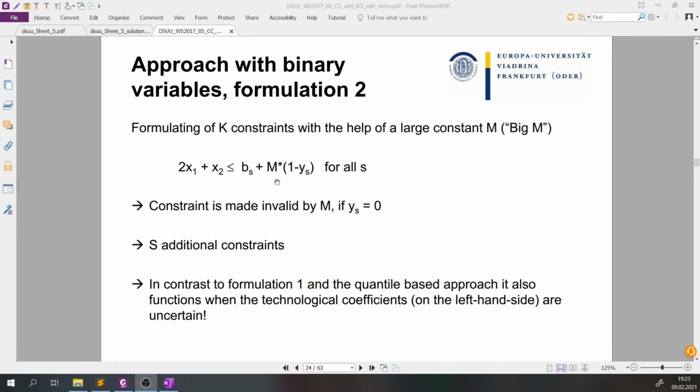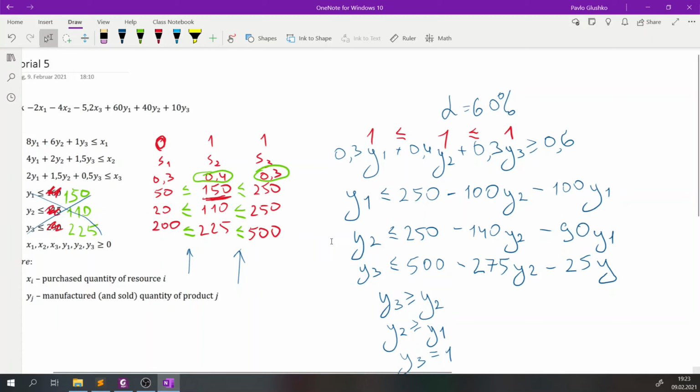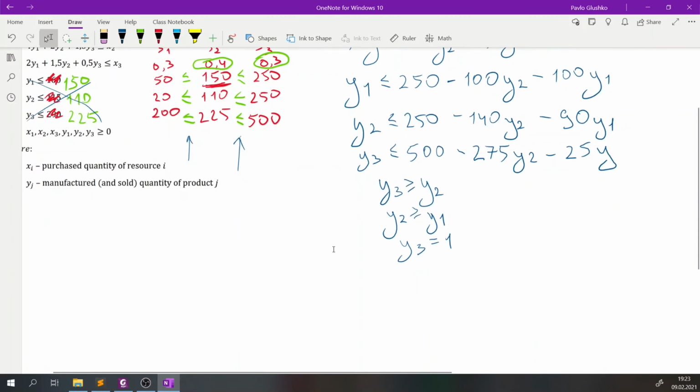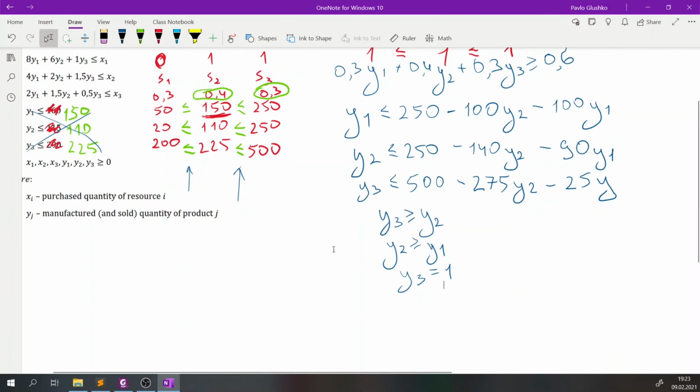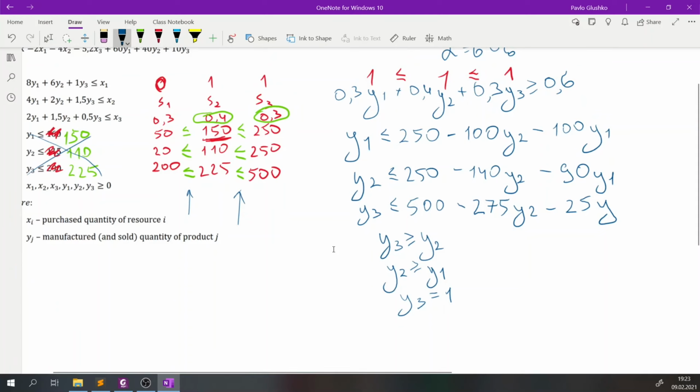And what is this big M doing? So let's take a look at the constraint. For example, so this will be big M. And this will be, again, the formulation of the demand constraints.